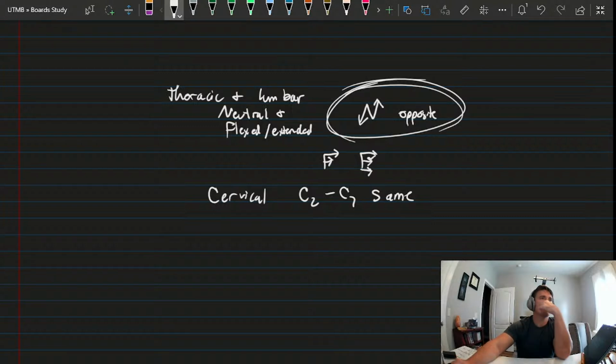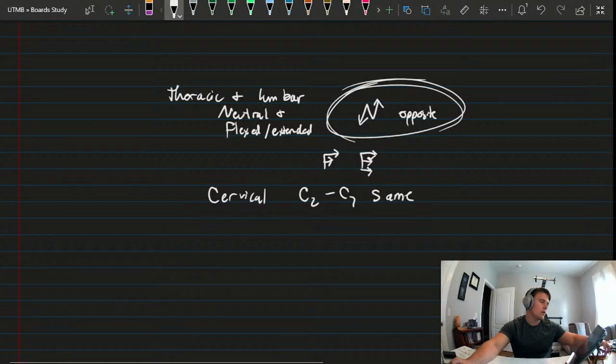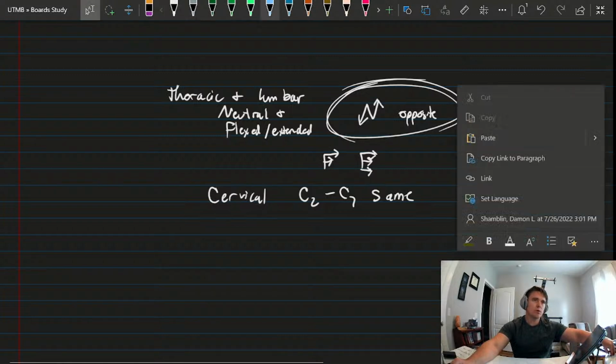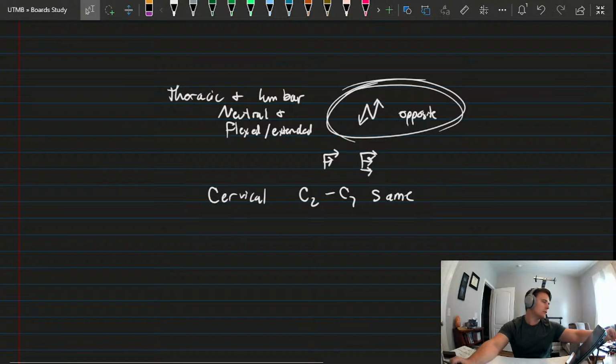Okay, this is where I got the information on the C1, C2, and C2 through C7. So I did have one question on the cervical spine. I don't think I got it right either. But, so if it asks for side bending and rotation in the cervical spine, it's going to be in the same direction.